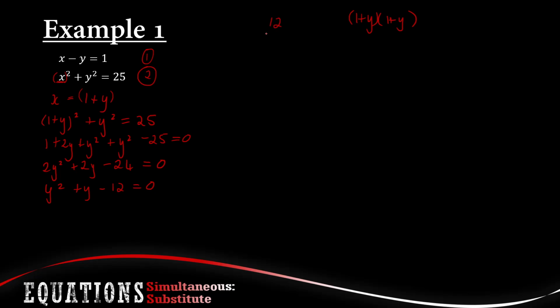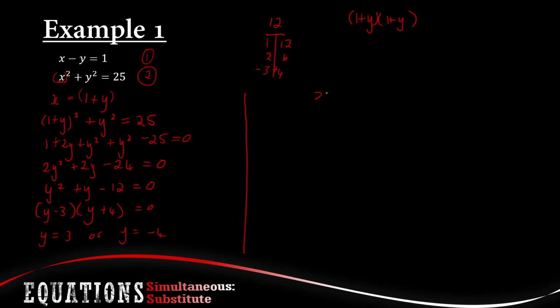Factorizing that, factors of 12 are 1 times 12, 2 times 6, and 3 times 4. So to get plus 1, I'm going to say plus 4 minus 3. So this is y minus 3 and y plus 4 equals 0. So y is equal to 3 or y is equal to negative 4. Now, once you've solved for y, just be careful not to forget to solve for x as well.